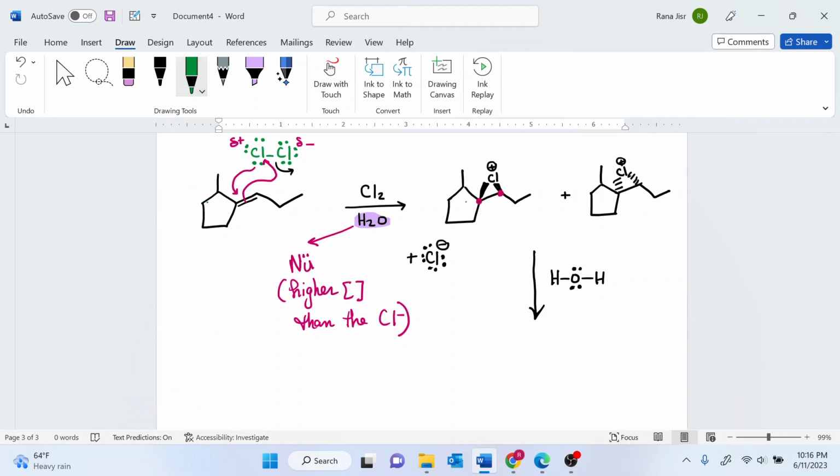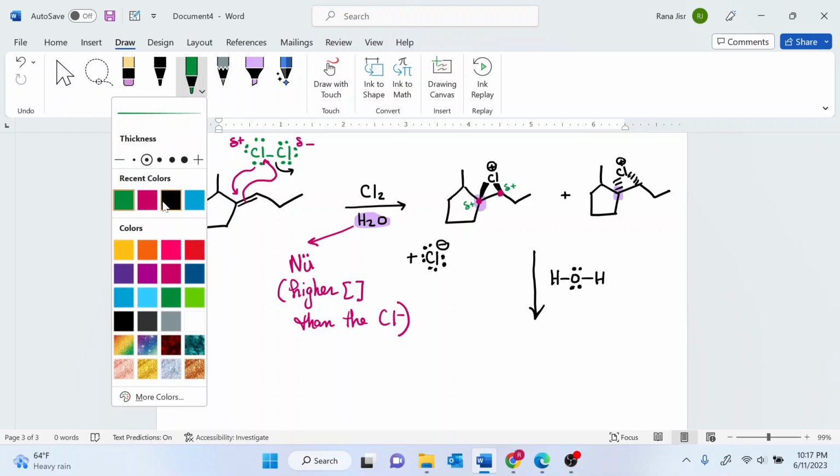So every single carbon here will be partial positive, and the attack of the nucleophile is going to be towards the most substituted partial positive carbon. The most substituted partial positive carbon in this one, because this one is connected to 2 carbons versus this one is connected to just 1 carbon. So this is going to be the most substituted for both.